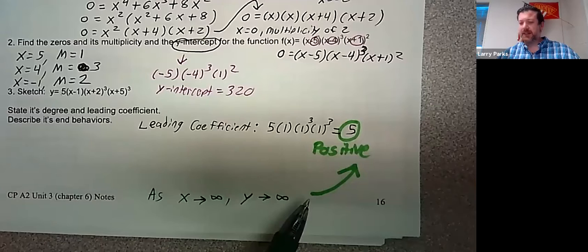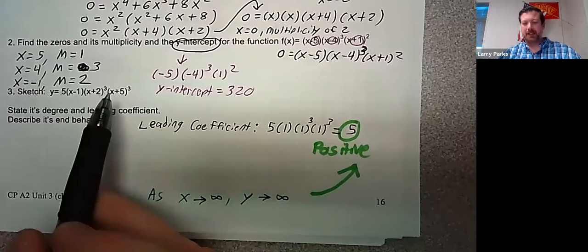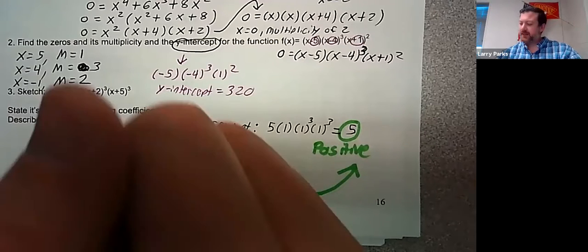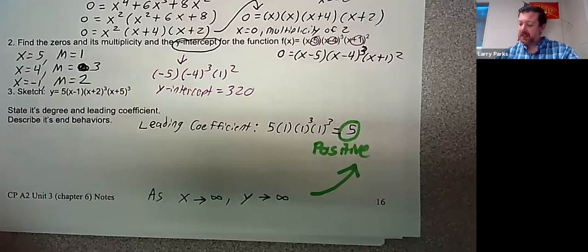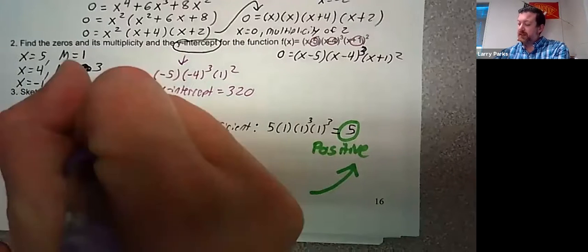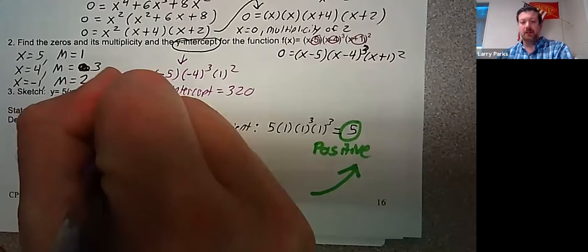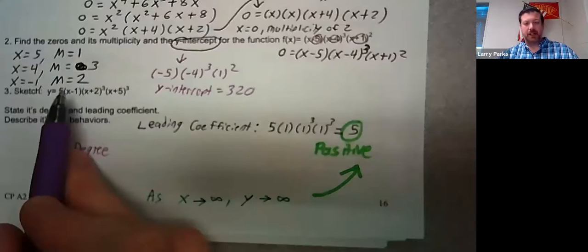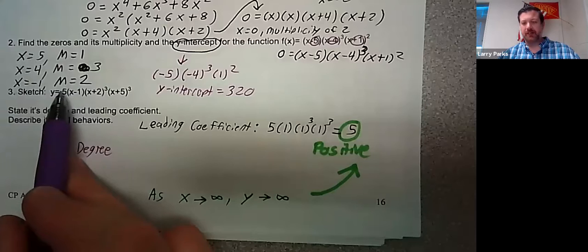Okay, now we got to see what the left side does. For the left side, we need the degree. Well, you just add up all the exponents. So the degree: 5 has a degree of 0.